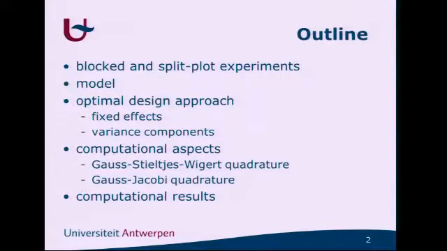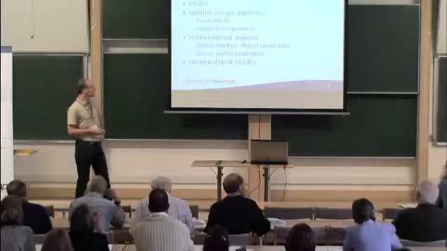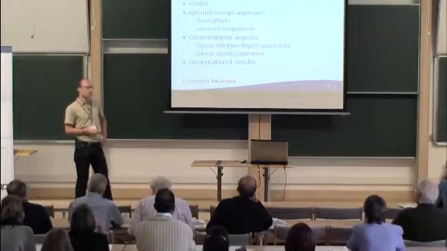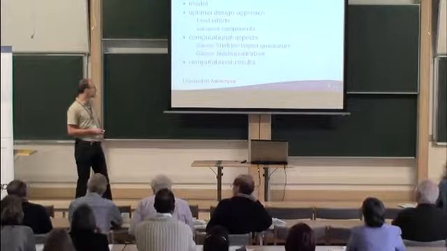Here is an outline of the talk. I will start by introducing blocked and split plot experiments. Then I will show you the model that we use to analyze data from blocked and split plot experiments. And then I will introduce the various optimal experimental design approaches that you can use for blocked and split plot experiments. I will discuss fixed effects estimation and variance components estimation.